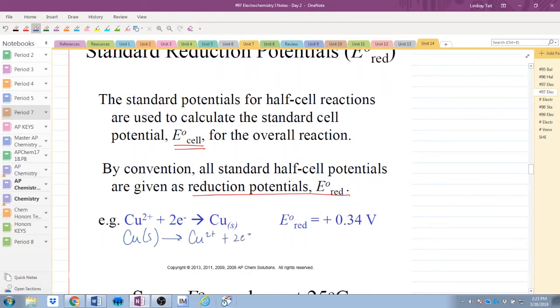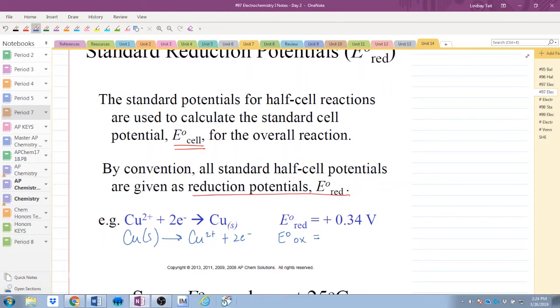That's no longer a reduction. That's an oxidation now. And so that means I have a standard oxidation potential, but they don't publish those anywhere, because everybody knows you can just flip the reduction to make it an oxidation. So instead of making it confusing to know which one you have, everything published is reduction potentials, and then you can manipulate them to make them oxidations.